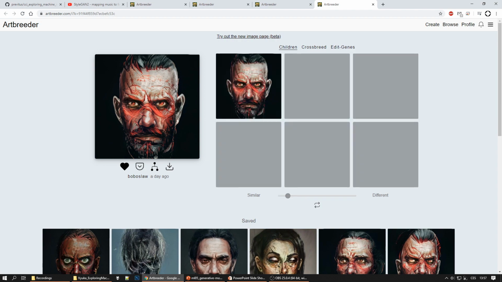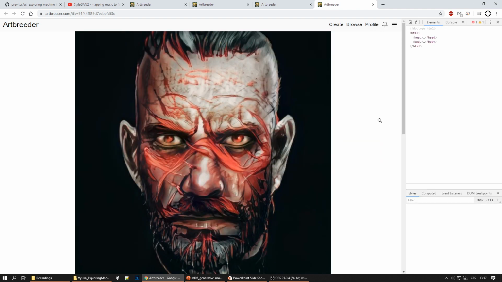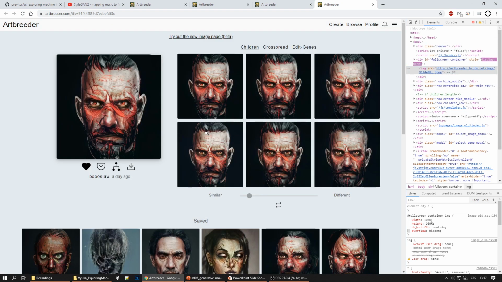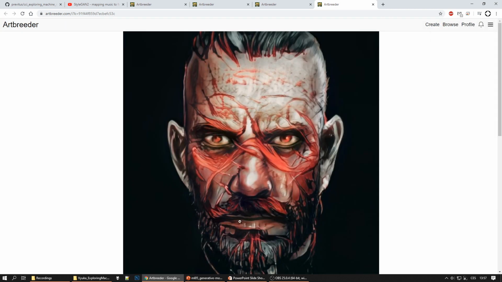I think the only problem in there is that the resolution of this image is relatively low. Right, yeah, 512 by 512. Okay, so there is some amount of detail there, but you can see that it's quite pixelated.